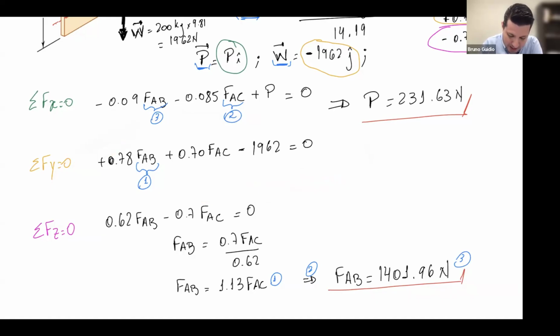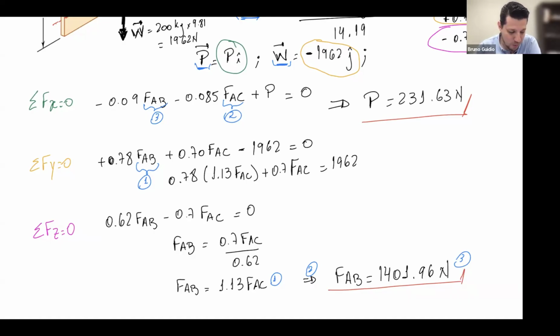The same as I mentioned yesterday, do not forget the 0.78. We are substituting just FAB. And what was FAB? FAB was 1.13 FAC, plus 0.7 FAC equal to 1962.